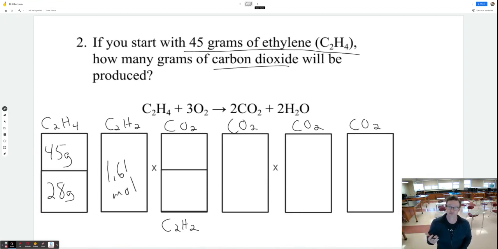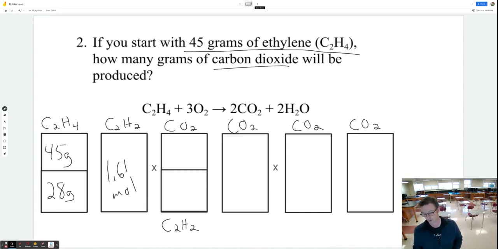And the reason we have to do the grams to moles conversion here is because the equation is always expressed in terms of moles. So I can't just plug the grams in and use the equation to figure out what I'm going to get. I have to convert everything to moles because that's where the ratio in the coefficients comes from.